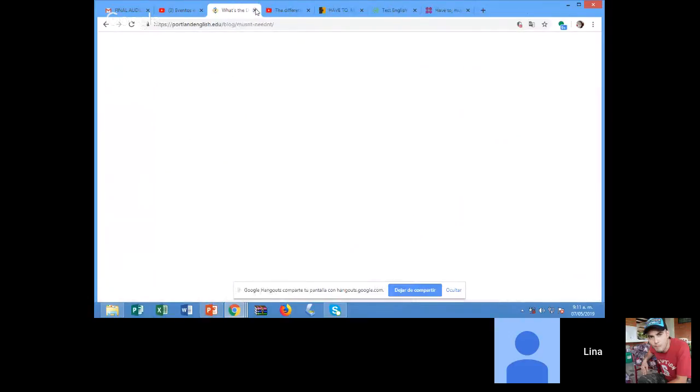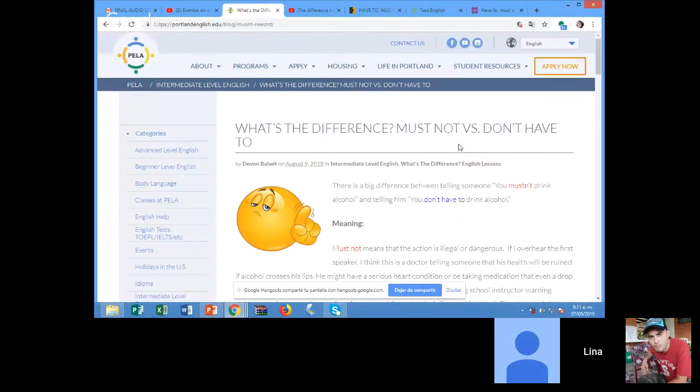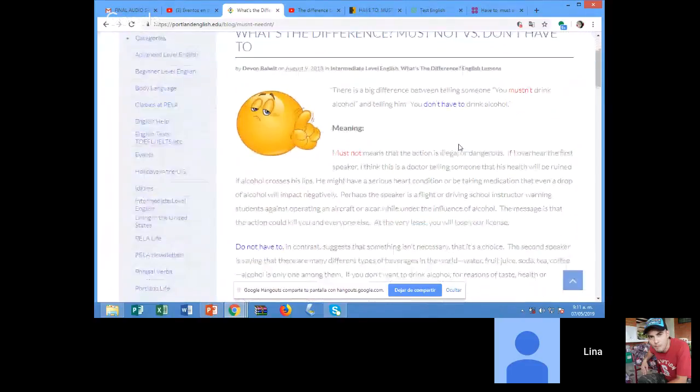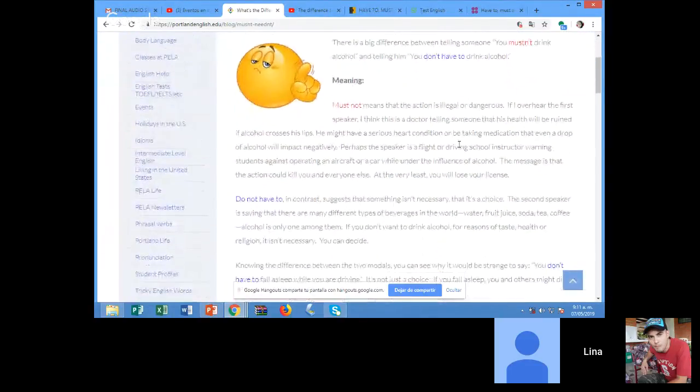So here I have another explanation, mustn't. There is a big difference between telling someone you mustn't drink alcohol and telling him you don't have to drink alcohol. The meaning of must not is that the action is illegal, it's dangerous.